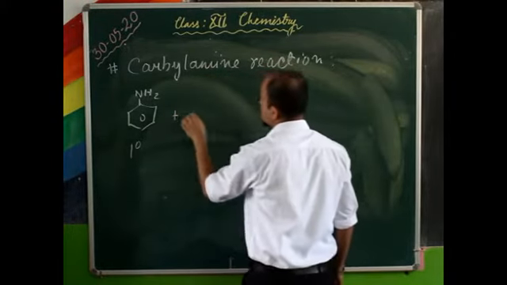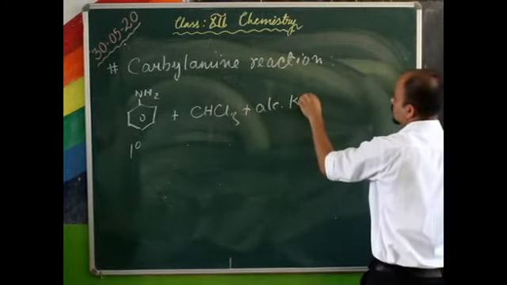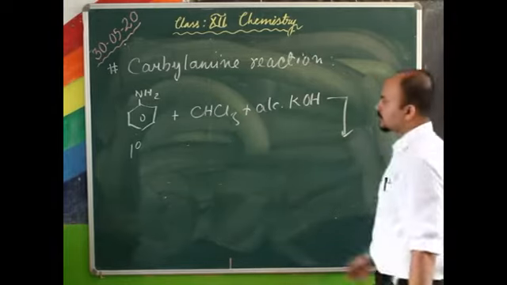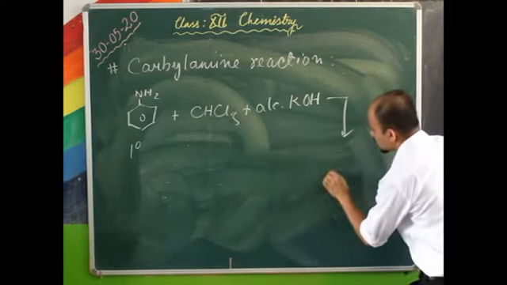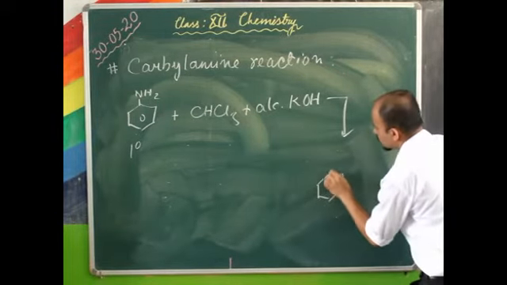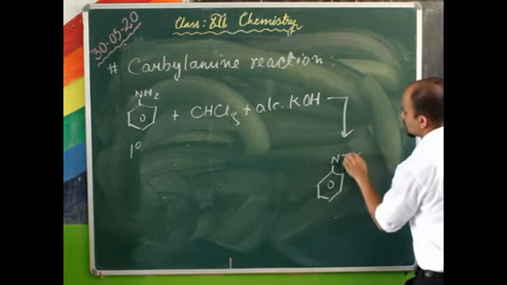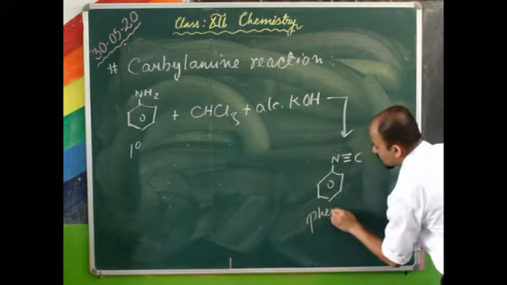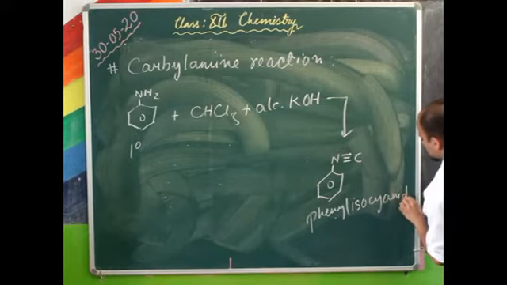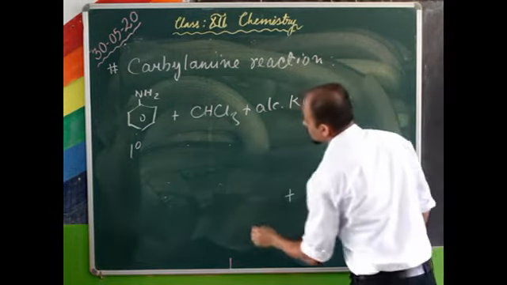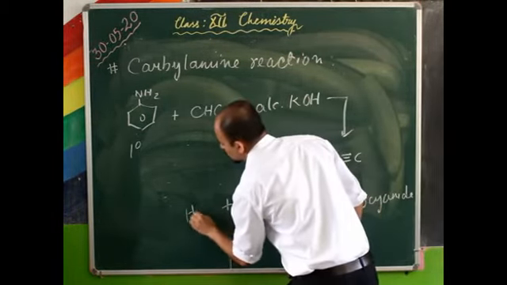And whenever this reacts with chloroform, CHCl3, and alcoholic KOH, what will happen? This will be converted to isocyanide, phenyl isocyanide, and the byproducts are KCl and water molecules.